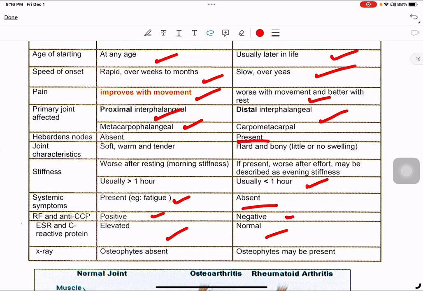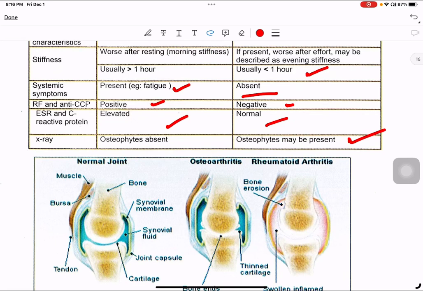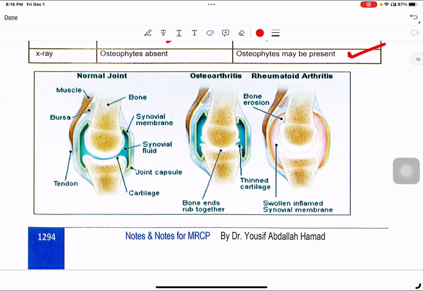X-ray shows osteophytes in case of osteoarthritis, and there is no osteophyte in case of rheumatoid arthritis. There is periarticular osteoporosis and joint destruction. So here we can see in the two films, in osteoarthritis the joints are fused together, there is thin cartilage and osteophyte is there.